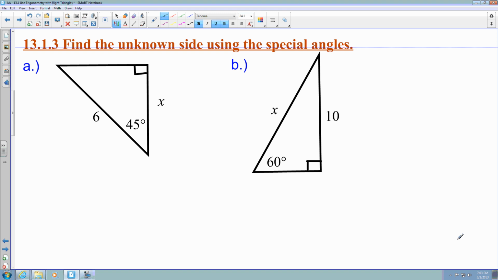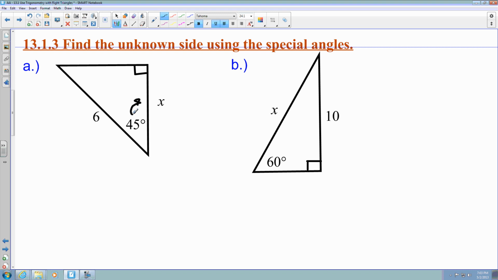examples A and B where I have a value of x, I have a degree, and I got one measurement. So from here, it looks like I have 45 degrees, and what they give me is the adjacent, and they also give me the hypotenuse.